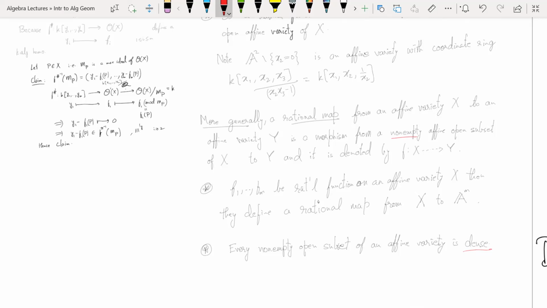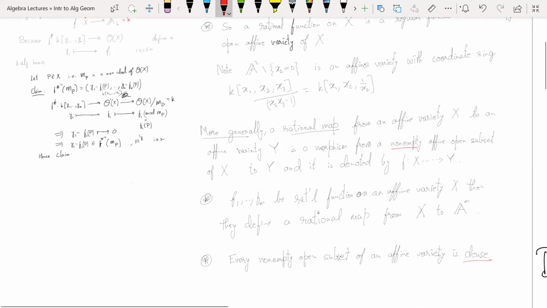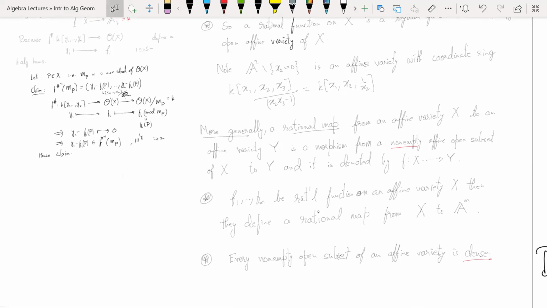They define regular functions on that open subset, and hence they define a morphism from that open subset to A^m. Here f1 will define a rational function from x to k, which is A^1. So that's how you get a map from x to A^m. Does that make sense, guys, so far?